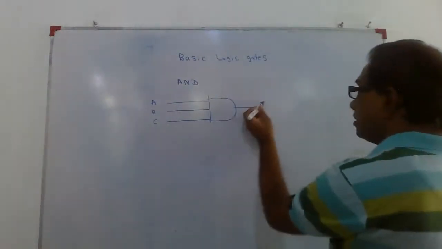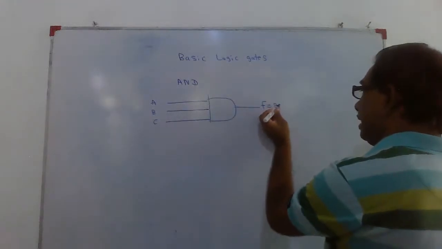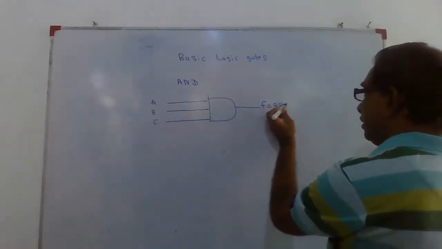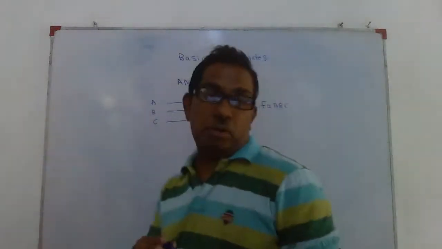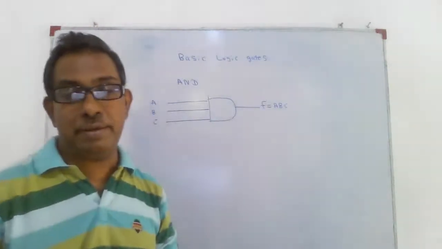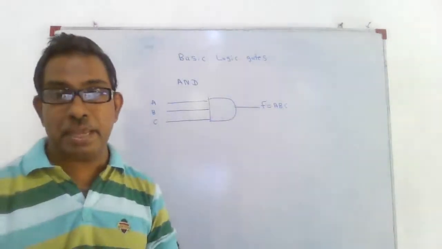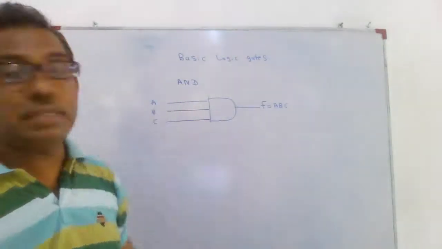So you can write the output easily: F equals A AND B AND C. The gate can be modified using such a design.